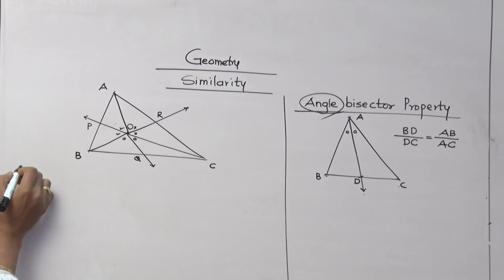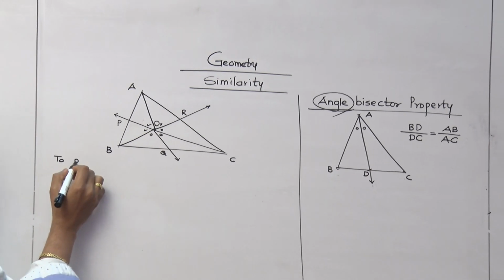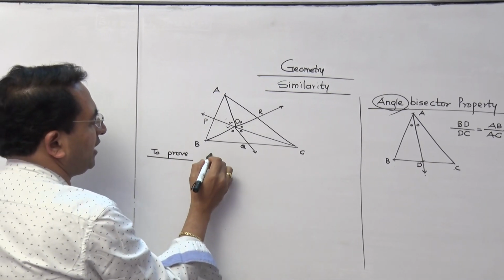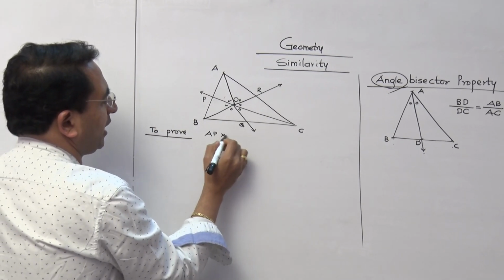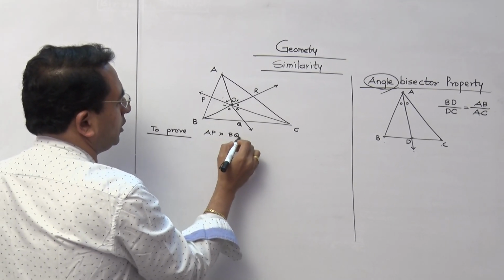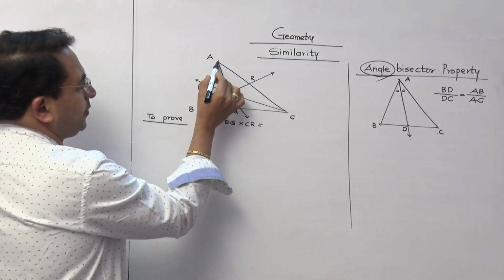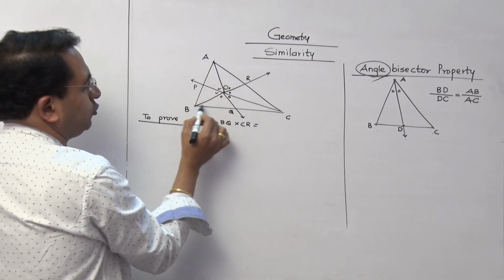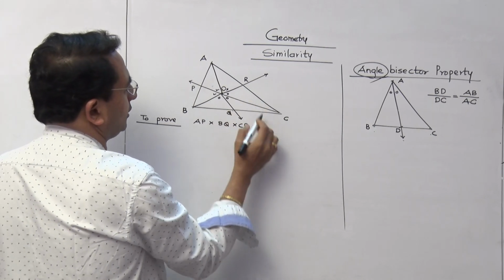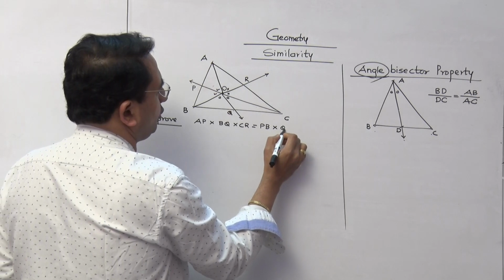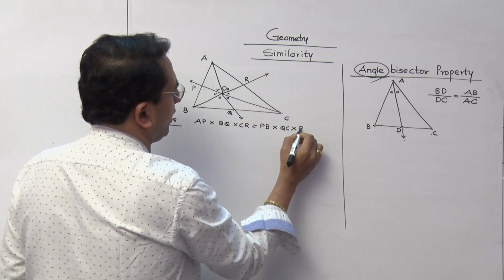What they will ask you to prove is that AP multiplied by BQ multiplied by CR is equal to PB multiplied by QC multiplied by RA.